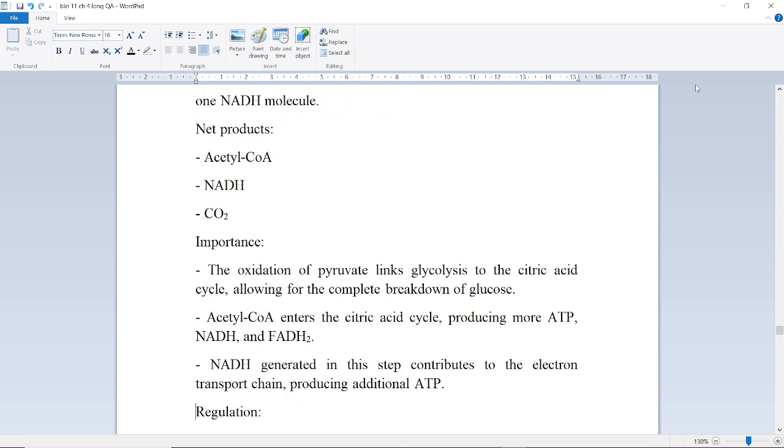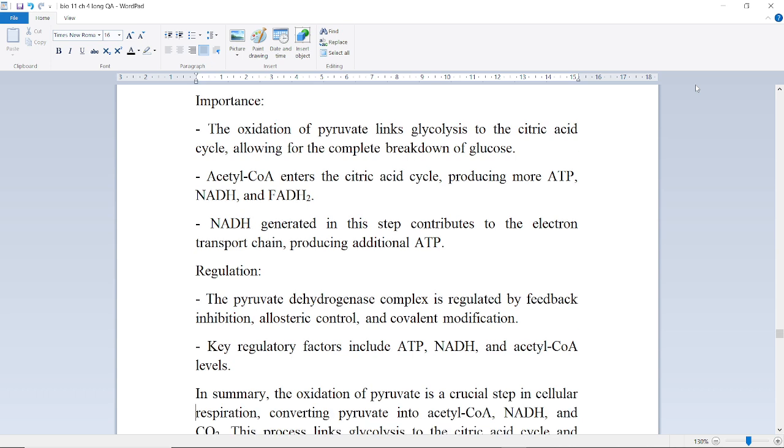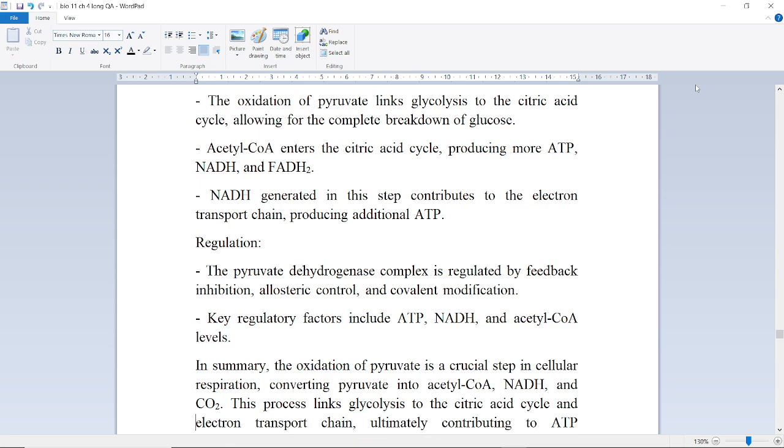Importance: the oxidation of pyruvate links glycolysis to the citric acid cycle, allowing for complete breakdown of glucose. Acetyl-CoA enters the citric acid cycle, producing more ATP, NADH, and FADH2. NADH generated in this step contributes to the electron transport chain, producing additional ATP.